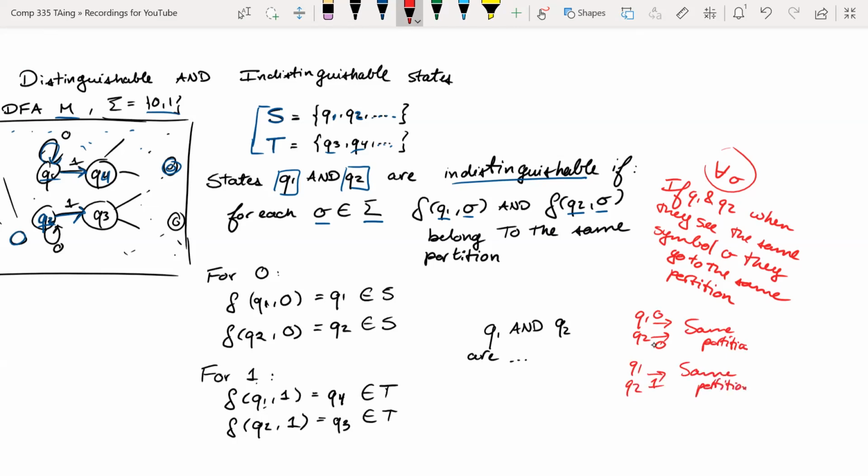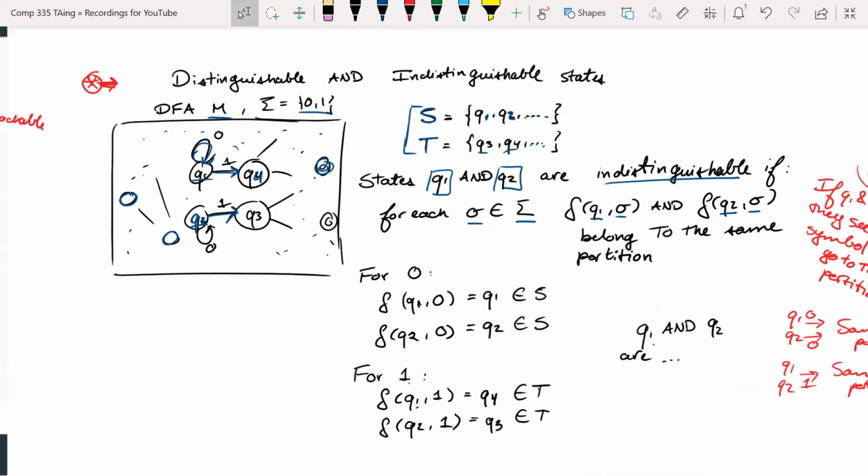That's all I'm saying. I'm not saying that these two should be the same. For a particular symbol that Q1 and Q2 see, they should go to the same partition. Now let's see if that's the case for this example.